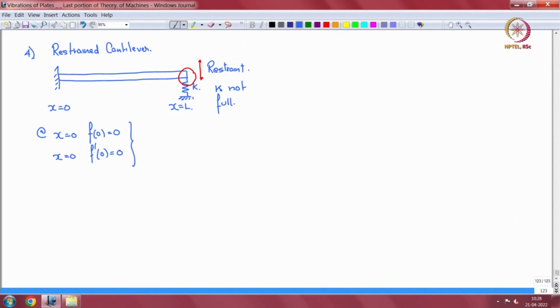It does not have to satisfy the force condition due to the spring, and therefore the cantilever admissible functions hold. I think they were something like x over L to the power i, running from 2, 3, etc.